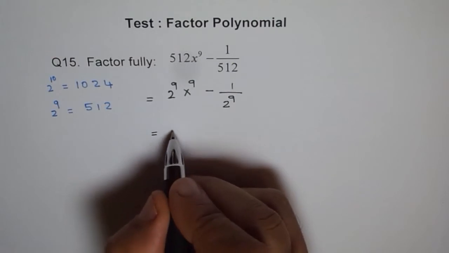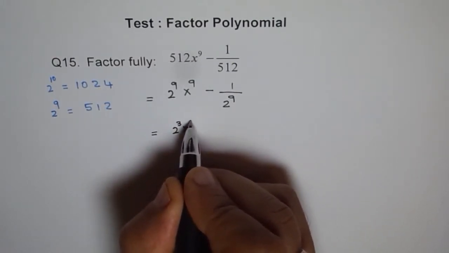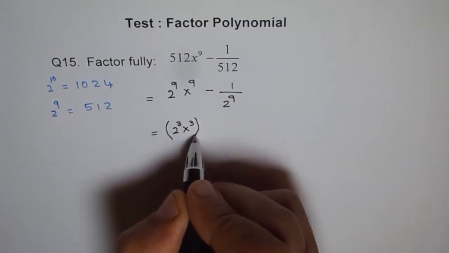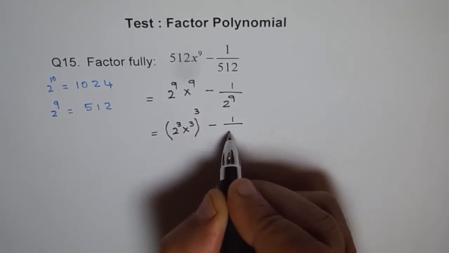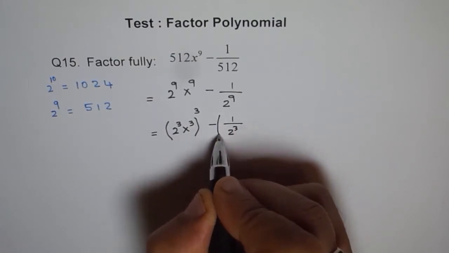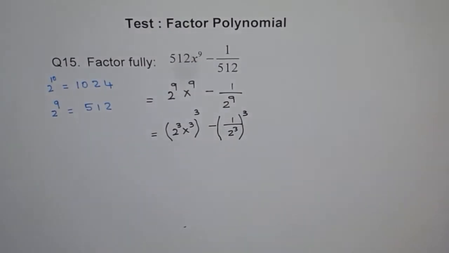So we'll say this is like (2 cube x cube) whole cube minus (1 over 2 cube) whole cube. Do you see that? So we got this term. Good. Now, do you remember what is a cube minus b cube?